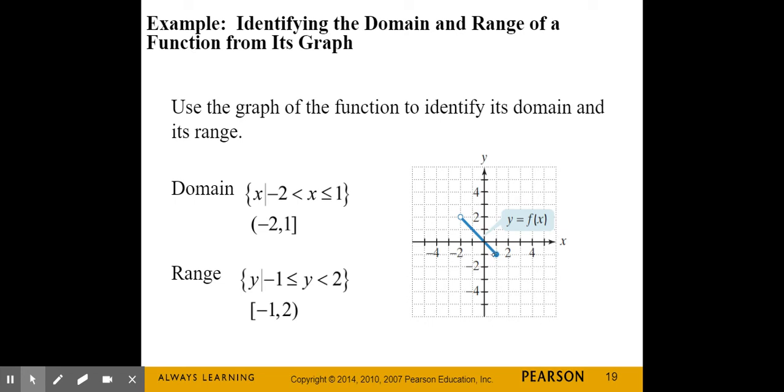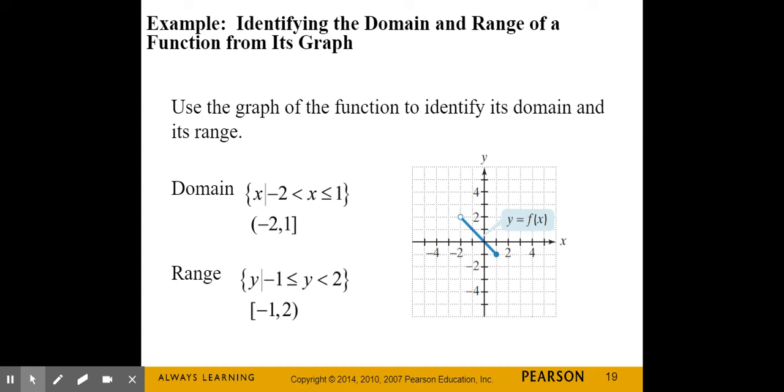The only difference here is that it's an open circle at -2, which is why in the first notation, it's just less than, not less than or equal to, because -2 is not included in the domain. Everything to the right of -2 is included, so that's why it's -2 less than x less than or equal to 1. With the set notation, it's parentheses around the -2 instead of a bracket.